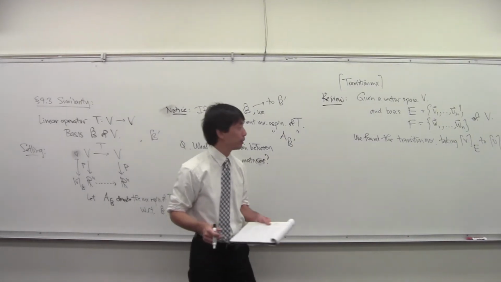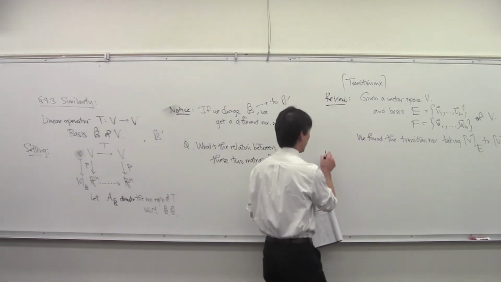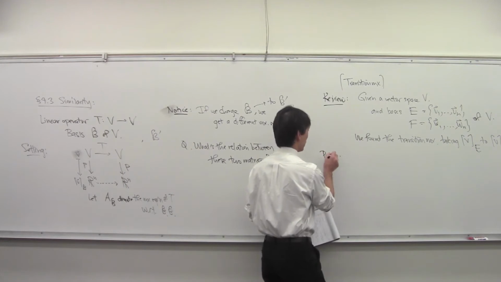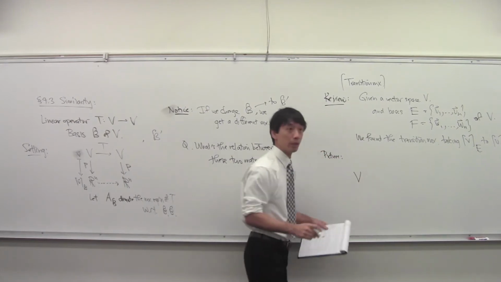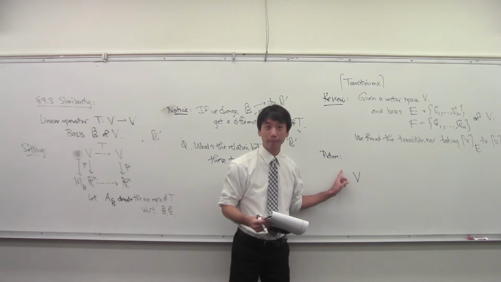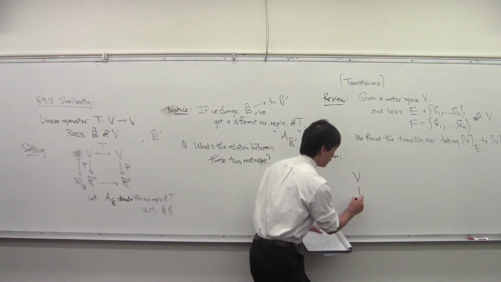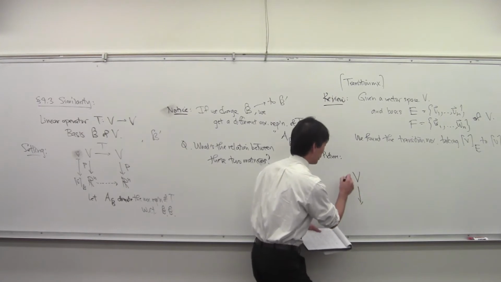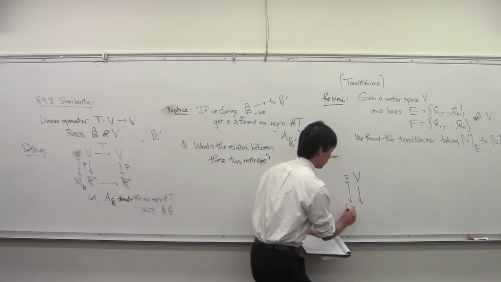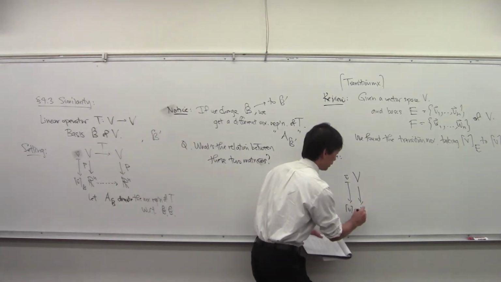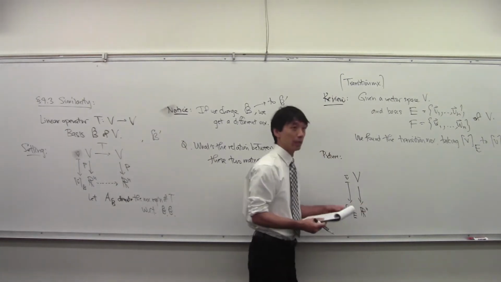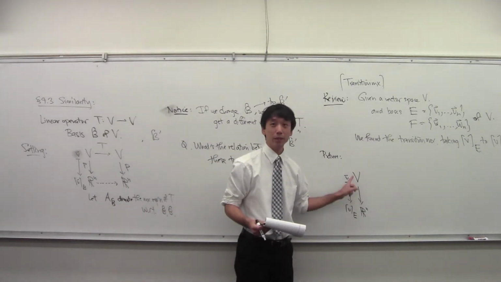Remember this? Here's a picture. You have some vector space V, and you have the coordinate vector map. V goes to the coordinate vector with respect to E, so that maps you from V to Rn.